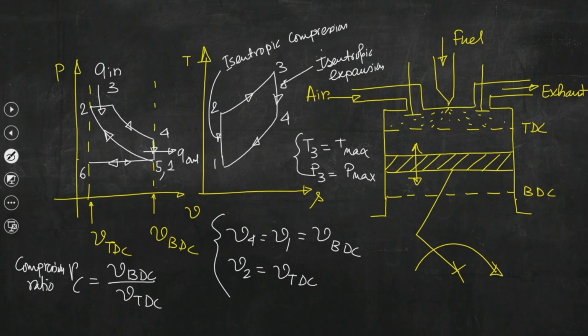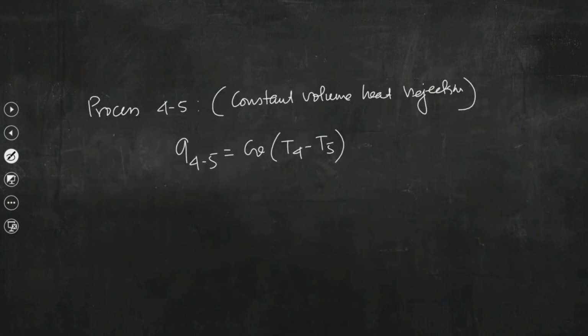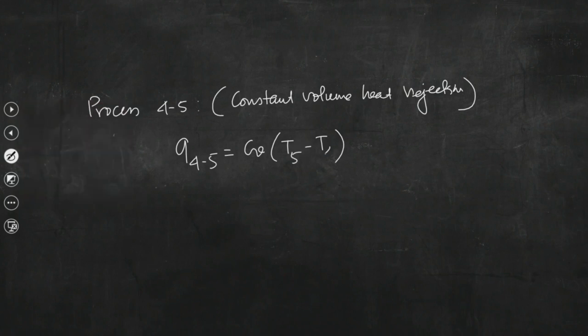T4 is greater than T1 or T5, but I should write this as T5 minus T4 equal to Cv into T1 minus T4.